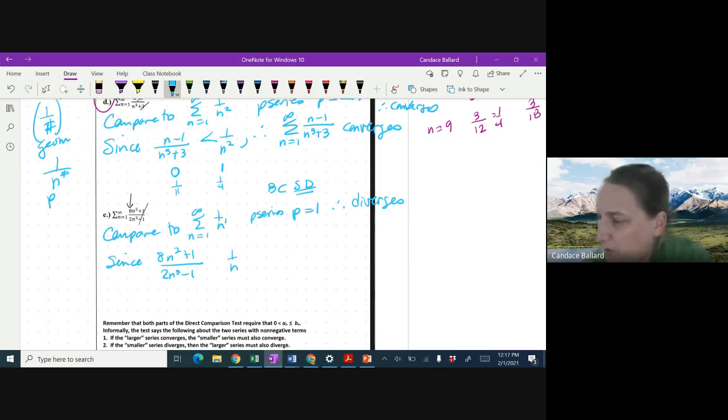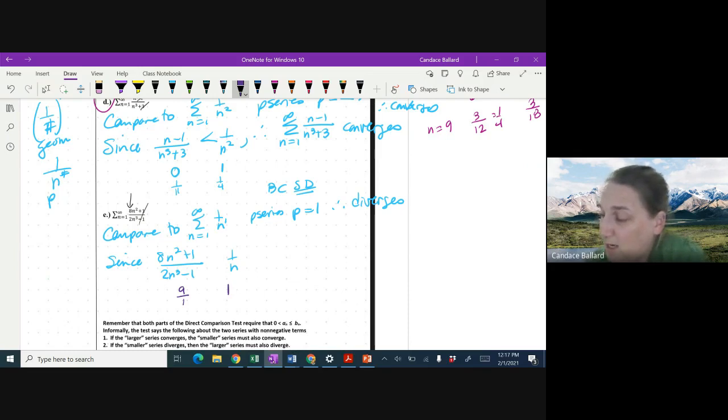Let's put some numbers in here. I put in a 1. 1 times 8 is 8 plus 1 is 9 over 2 minus 1, which is 1. So it's 9. Whereas if I put a 1 in here, I get 1. It's looking pretty small right now. I'm going to go one more just to be confident.